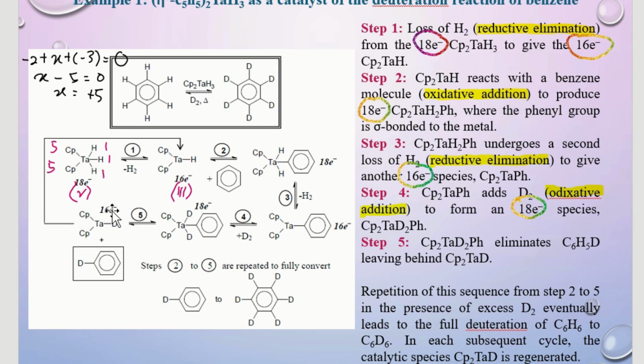Okay, so we don't want the catalyst to be consumed, because we already produced the D, where H is replaced with D. So steps 2 to 5 are repeated to fully convert all the H of the ordinary benzene to D. Repetition of this sequence from step 2 to 5 in the presence of excess D2 eventually leads to the full deuteration of benzene to C6D6.